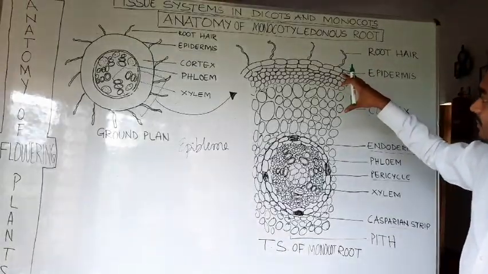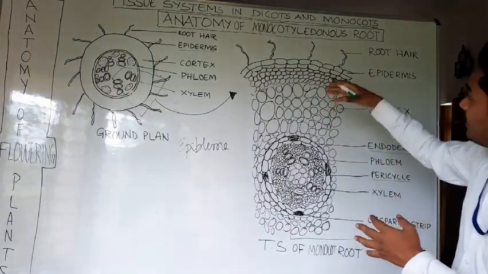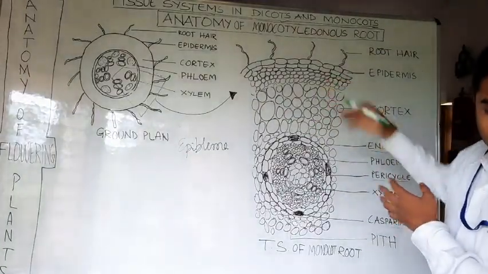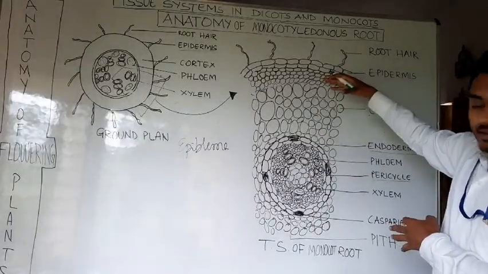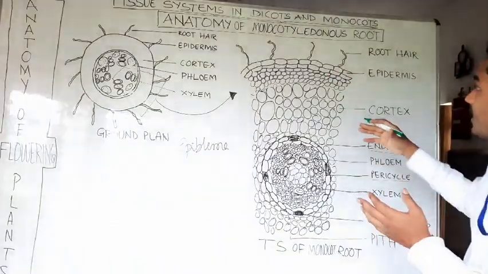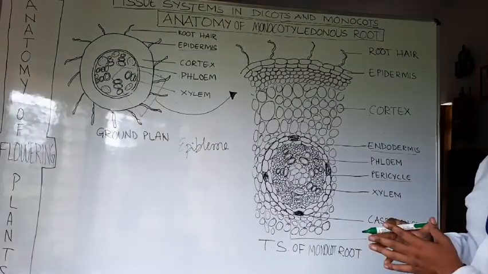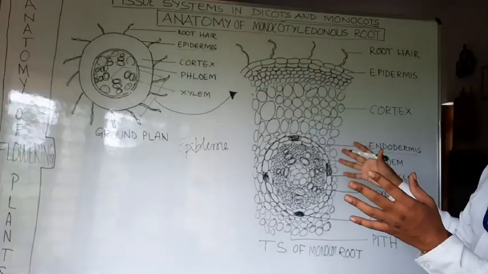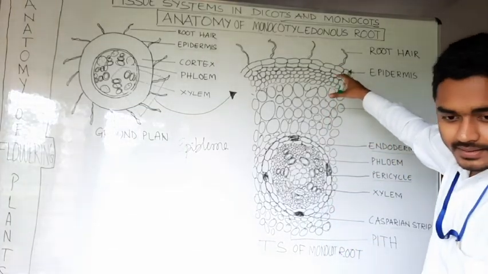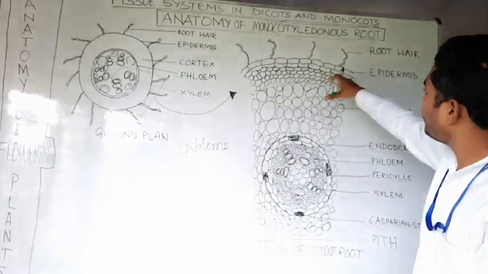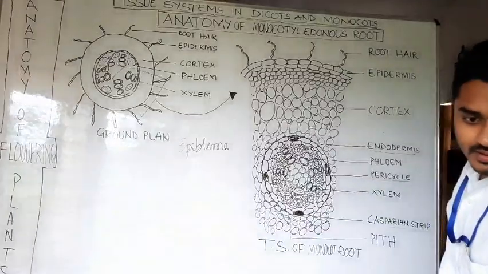Based on the presence of intercellular spaces, or how the cells are arranged, it is divided into two parts. The outer one, which is attached to the epidermis, we can call the outer cortex, and this is compactly arranged and has no intercellular spaces, and next is the part having intercellular spaces.